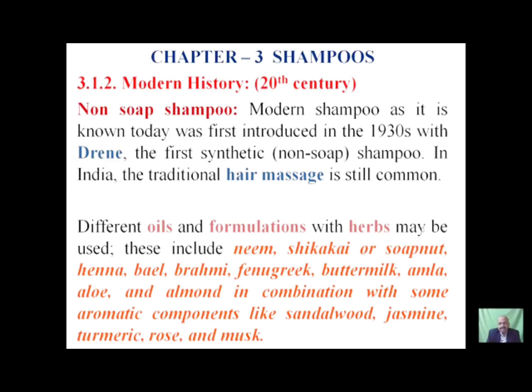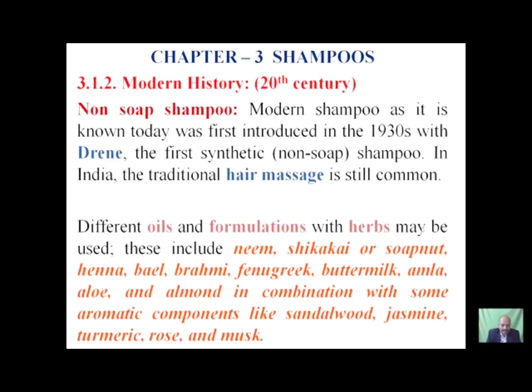In India, the traditional hair massage is still common. So non-soap shampoos were introduced in the 1930s, which have a very good effect to clean the hair. Along with this non-soap shampoo, different oils were used, and formulations with herbs can be mixed with that.